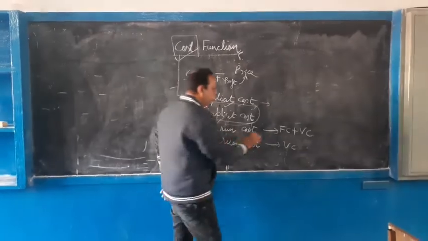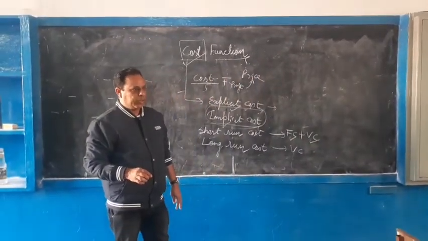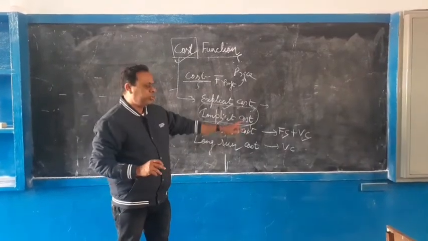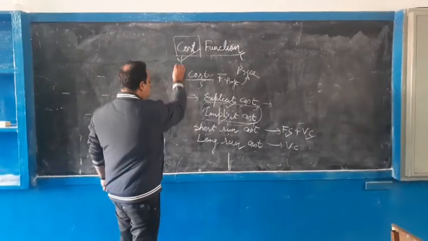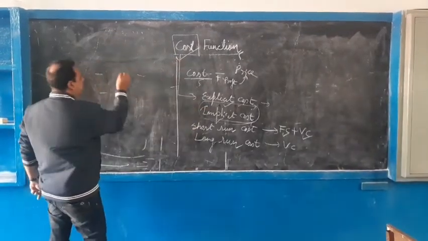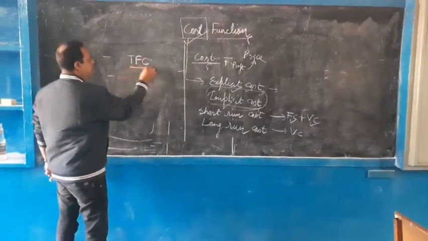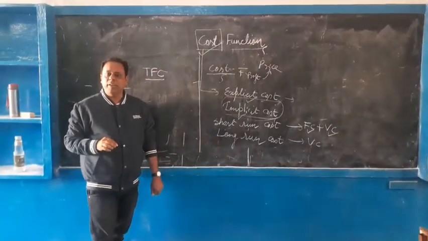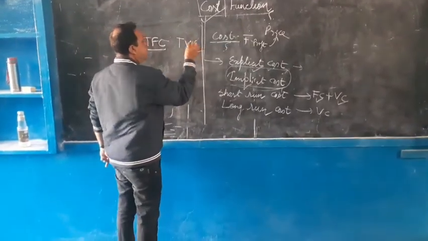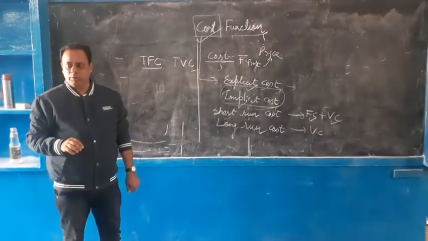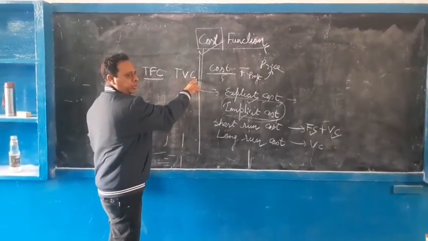Now we have to study what is fixed cost and what is variable cost. Understood? Fixed cost can be written as total fixed cost. And variable cost can be written as total variable cost.